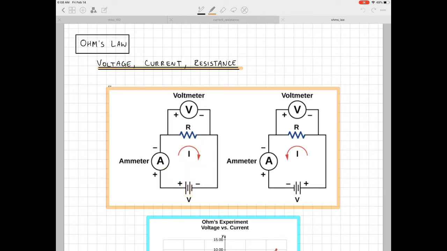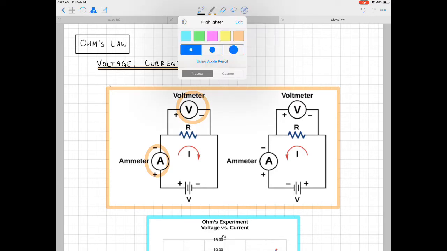The other two elements that are in this circuit that Ohm was investigating are an ammeter and a voltmeter. And so the ammeter is an instrument that's designed to allow you to measure the current flowing through some point in your circuit. And in this case, our circuit is really simple.